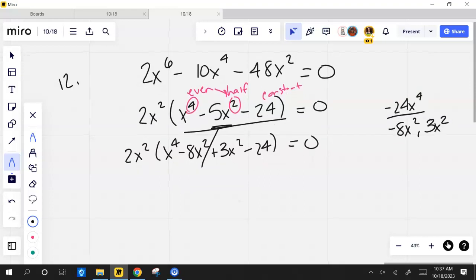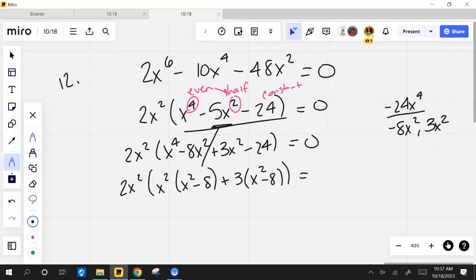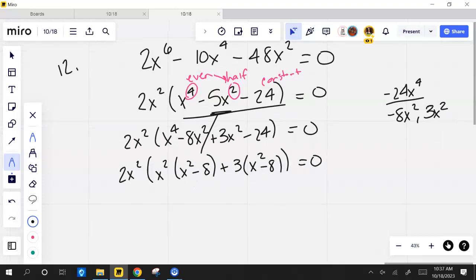What can I take out of the first two here? X squared. And what's left? 8. Take a 3 out of the second two, leaves me with the same thing. And this 2x squared is just following this problem right on down.